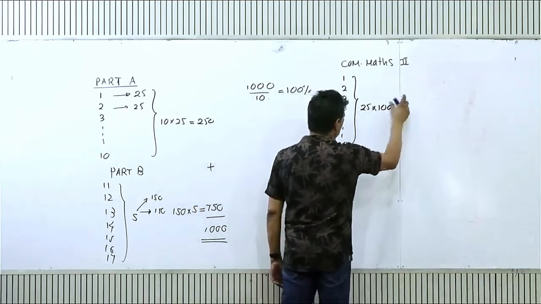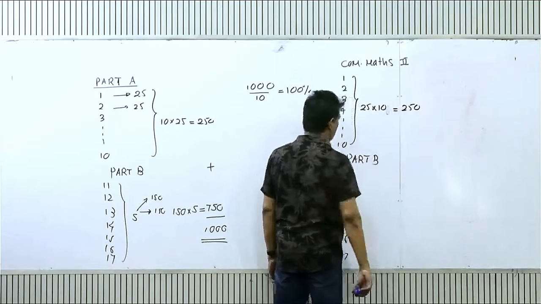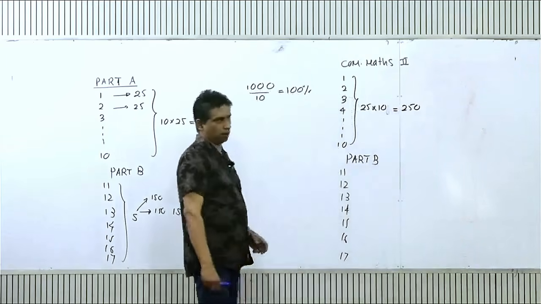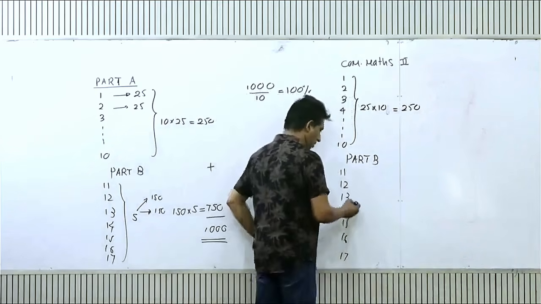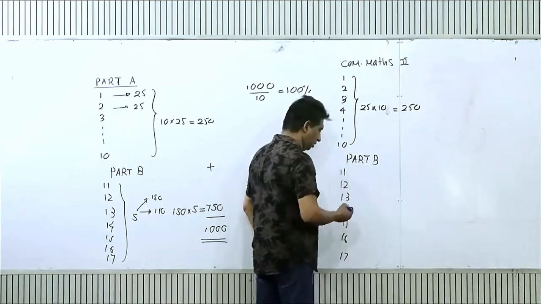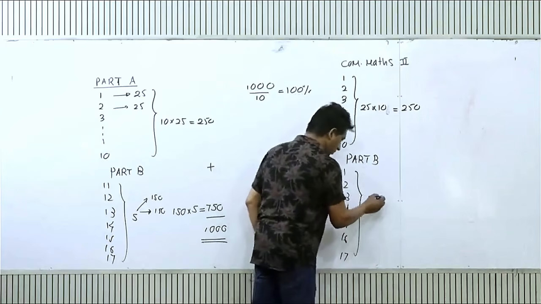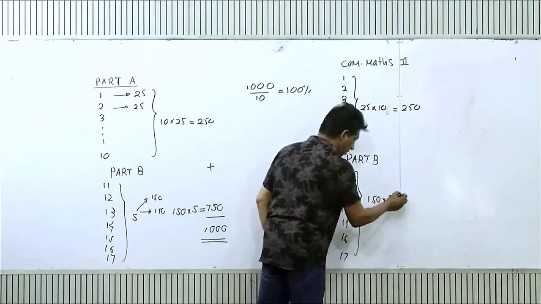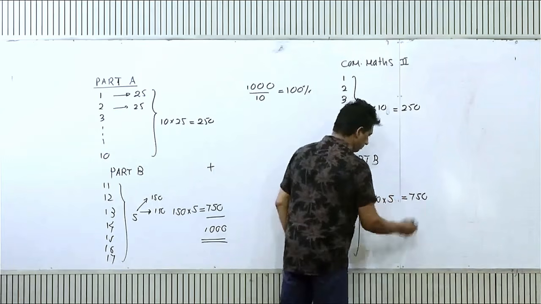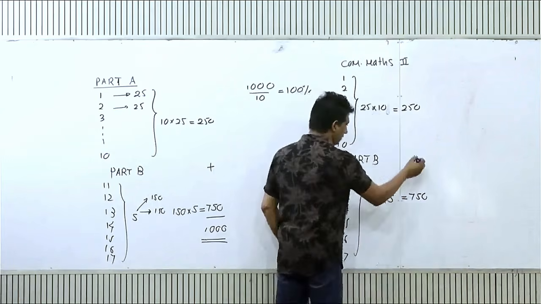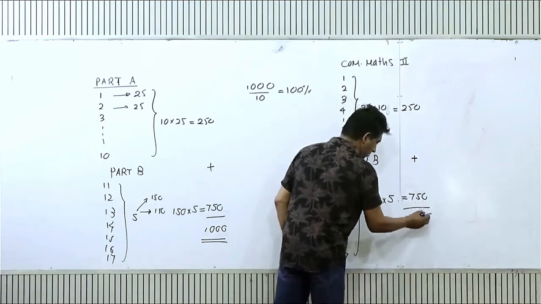Then 25 into 10 means there are 250 marks for 10 short questions. And there are 7 essay questions. We have to answer 5 essay questions. For 1 essay question, 150 marks. Then for 5 essay questions, 750 marks. Then total 1000 marks.